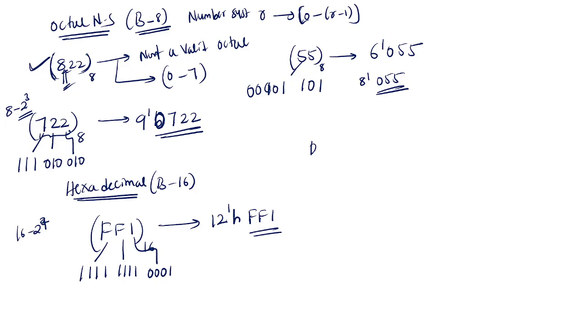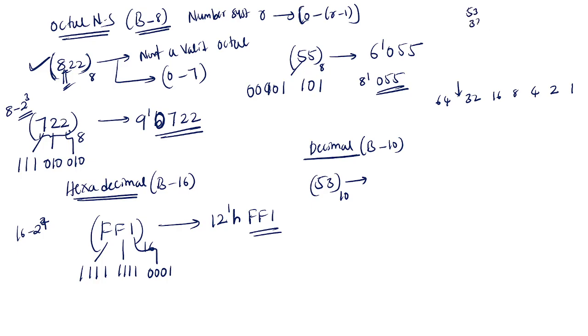Similarly, decimal. How are we representing decimal? Decimal means this has base 10. 53 to the base 10. I need to convert it into binary. So we take 1, 2, 4, 8, 16, 32 and 64. The number lies between these. 53 minus 32.